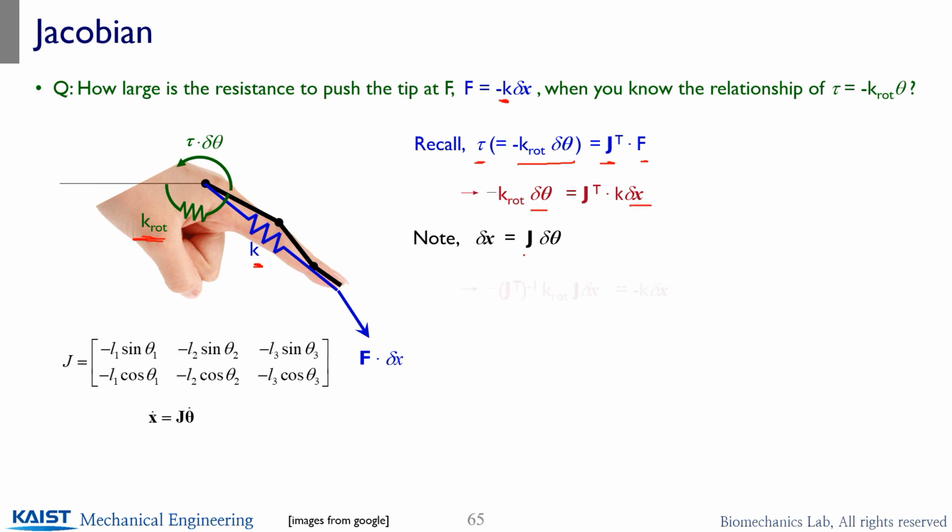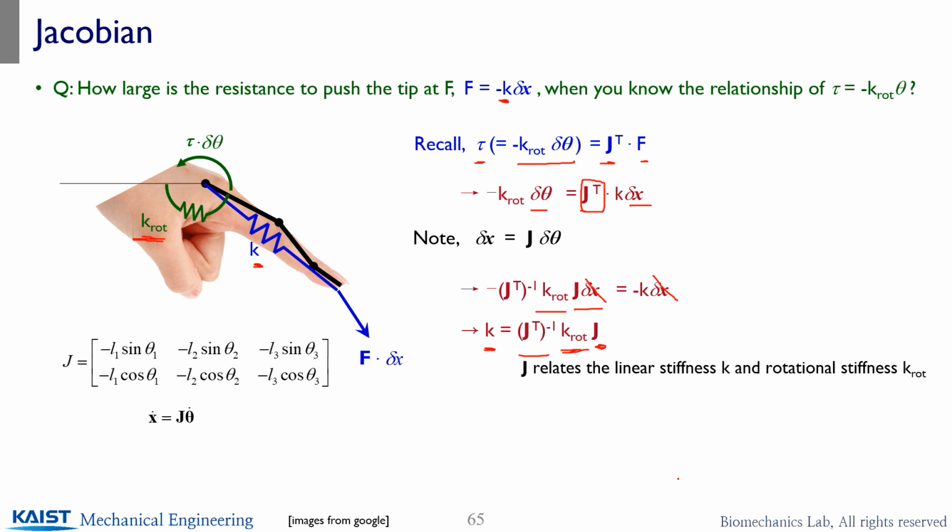If I plug that in, and also take the inverse of the Jacobian transpose on the left and right, I will have Jacobian transpose inverse, K rotational matrix, Jacobian, delta x, and that is going to be K delta x. If I eliminate delta x, what I have is that the linear stiffness can be expressed by the rotational stiffness multiplied by the Jacobian on the left and right.